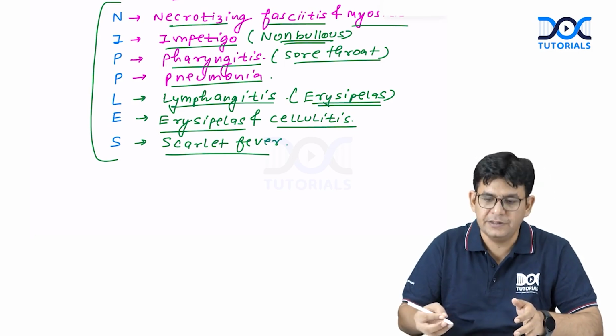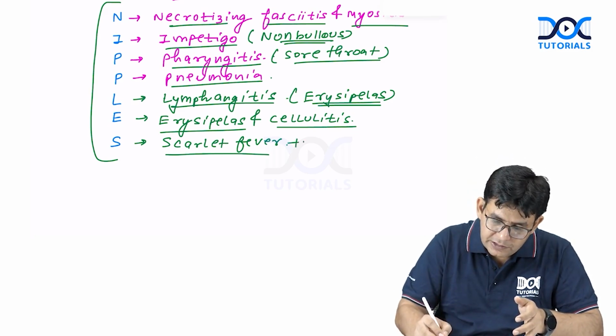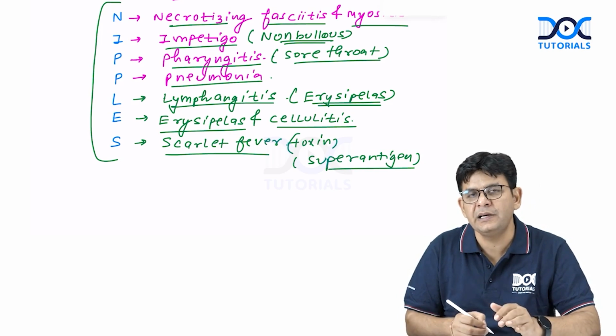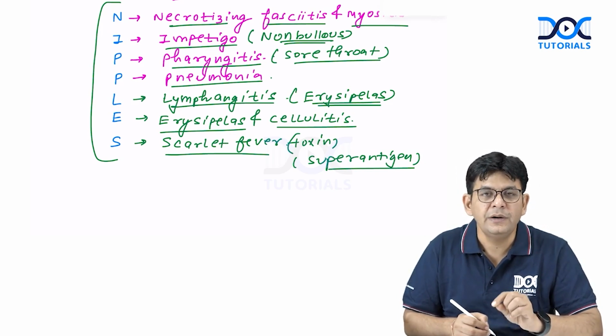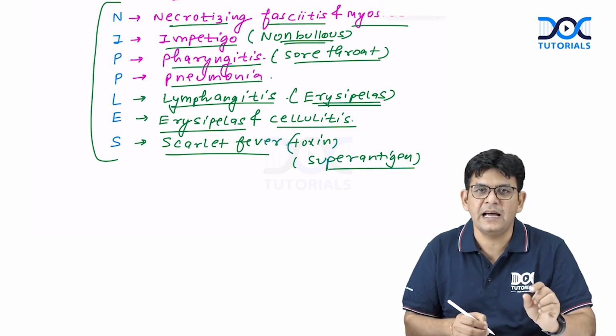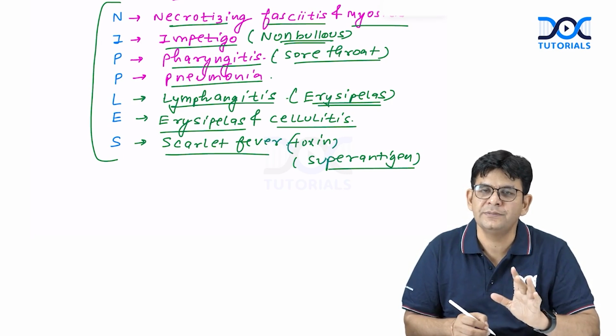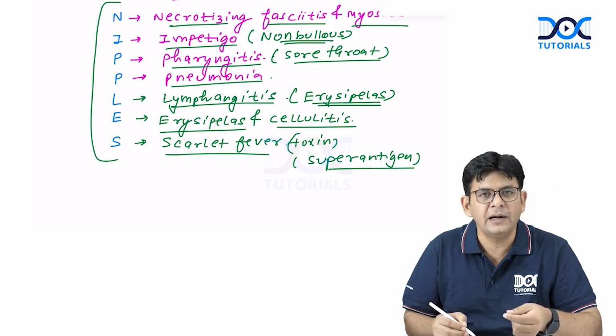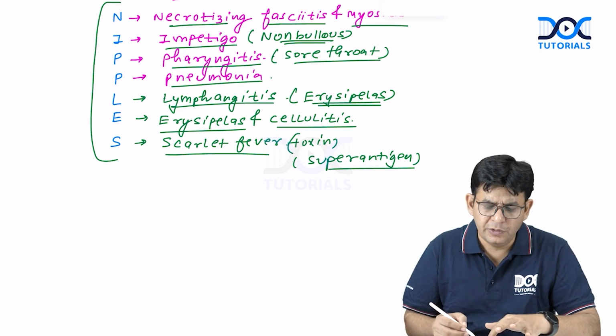The toxin of this disease behaves like a super antigen. And what is a super antigen? It activates more than 20% of the T lymphocytes and lands the individual into shock.